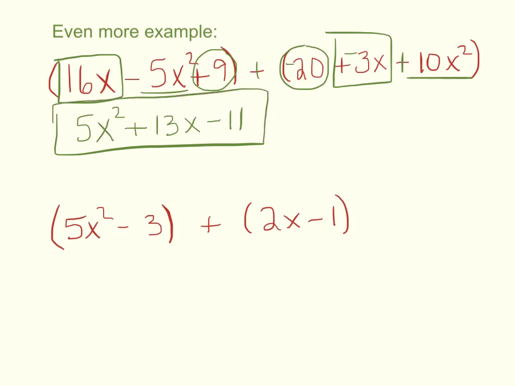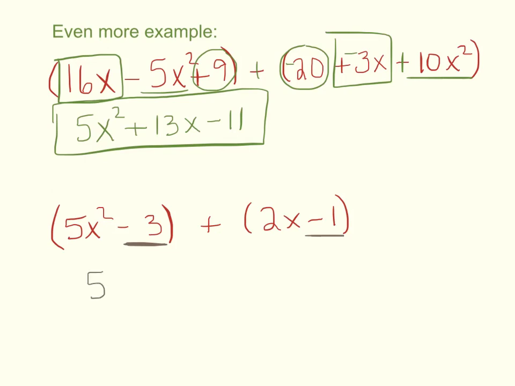Okay. In my very last example, I have an addition problem. So I just go ahead and ignore the parentheses and combine like terms. In this example, though, the only like terms that I have are negative 3 and negative 1. So with this 5x squared, I just bring that down.